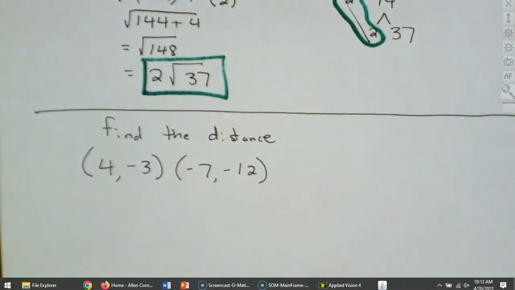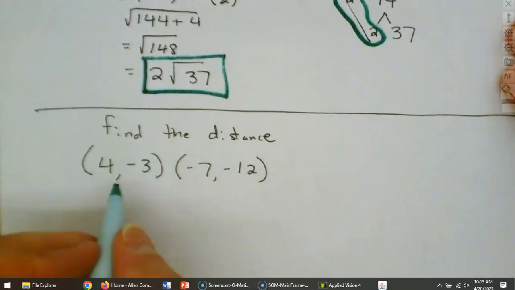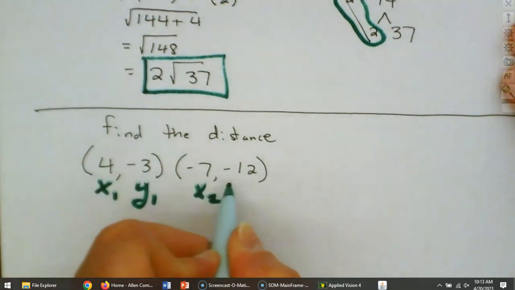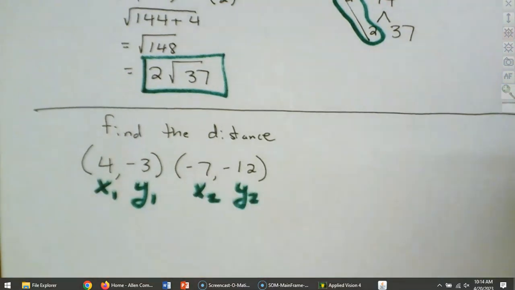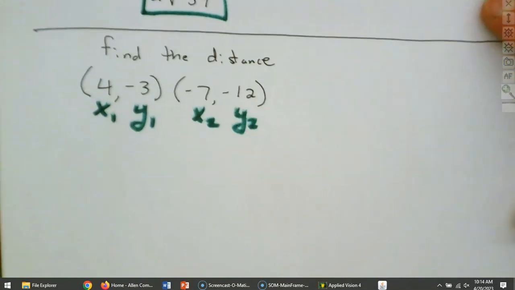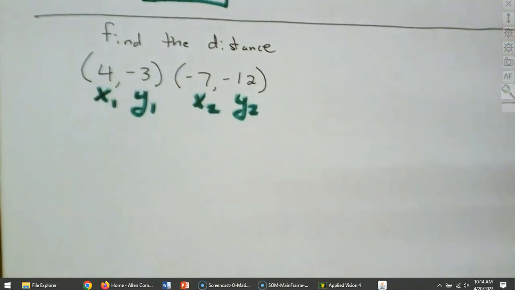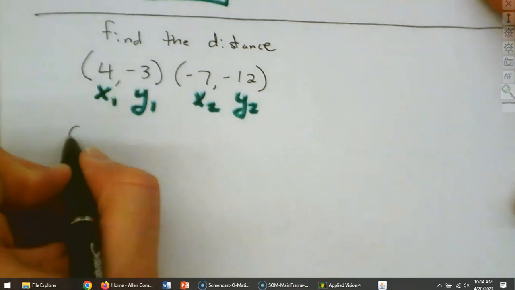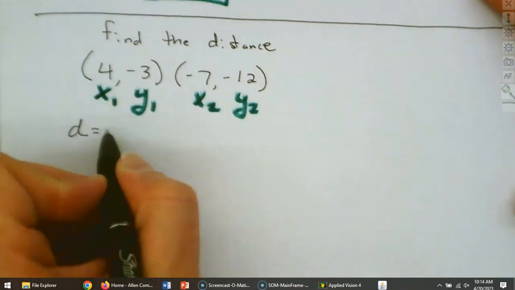What do we first do? We label our points. So x1, y1, x2, and y2. Just like they were going into the slope formula. Right? Just that we have to subtract them instead of adding, and we have to square instead of divide them out. So let's write up our formula.